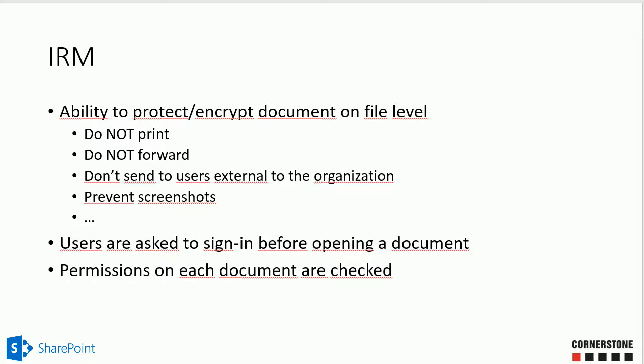So that's a very important distinction. So even if it ends up on a USB stick, or attached to an email, the file will be encrypted and will be very hard to open unless you connect to that IRM server, log in, and get the proper permissions. So that's an important distinction.